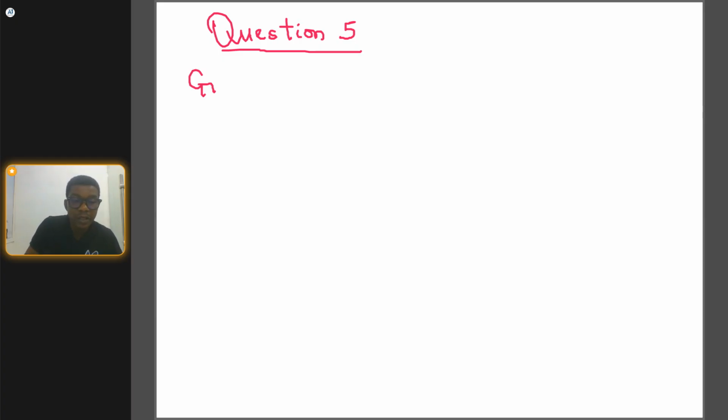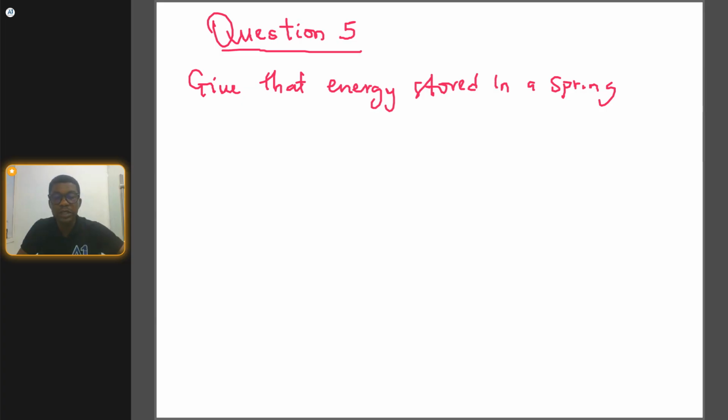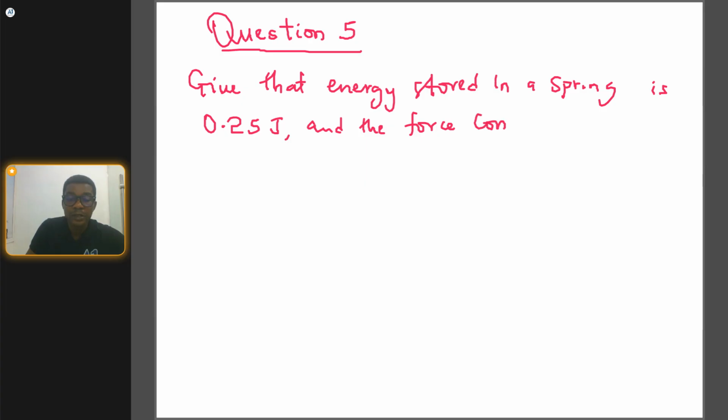For question 5, given that the energy stored in a spring is 0.25 joule, and the force constant, that is K, is given to be 200 Newton per meter.